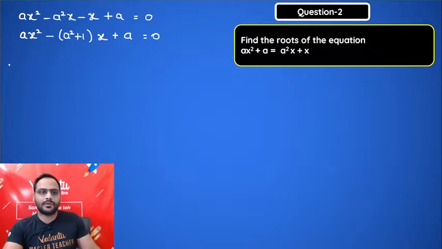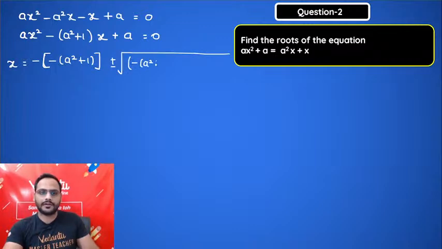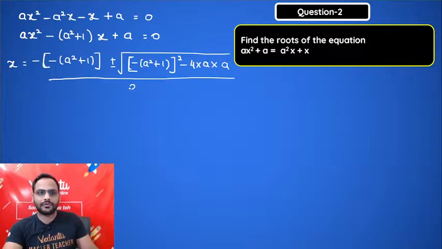Let us use the quadratic formula. x will be equal to minus b, so minus of minus a square plus 1 you have over here, plus minus square root of b square, so minus of a square plus 1 whole square minus 4 into a into c, which is also a, divided by 2 into the coefficient of x square, which is a.